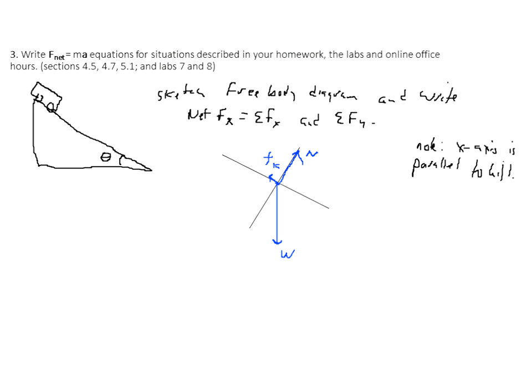The hill here has an angle of theta, so that means that this is also theta.